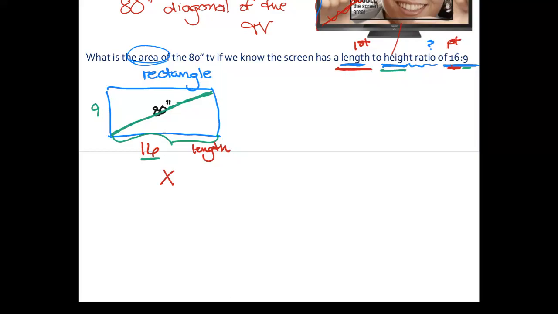Okay, well, if we do that, I have x and y. And I have this diagonal of 80 inches. I have to find the area of this rectangle, but as you look at this, it's divided into what? What other shape?